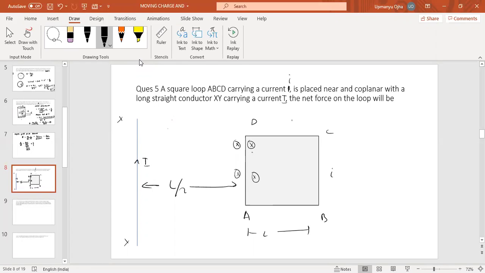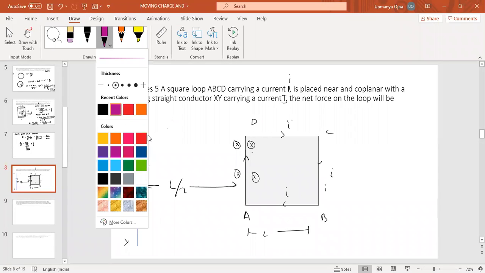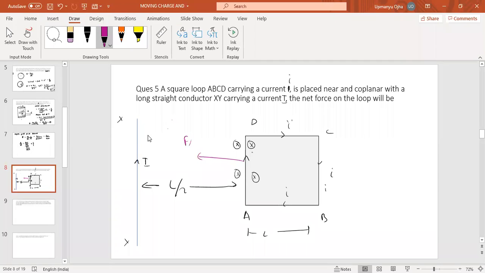Then the direction of the force acting on AD wire would be on the left hand side by Fleming's left hand rule. It is FAD.